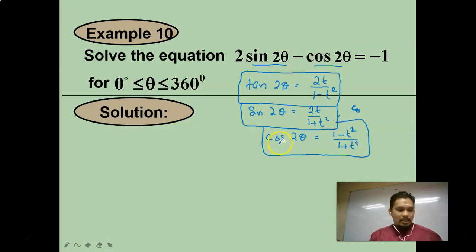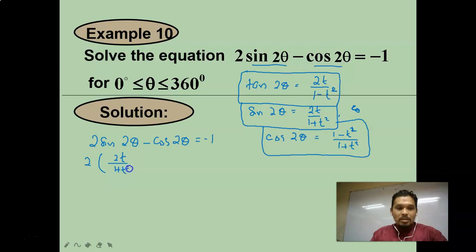Okay, so now with 2 sine 2 theta minus cos 2 theta equals negative 1, substitute 2 sine 2 theta, which is 2t divided by 1 plus t squared, minus cos 2 theta, which is 1 minus t squared divided by 1 plus t squared, equals negative 1.